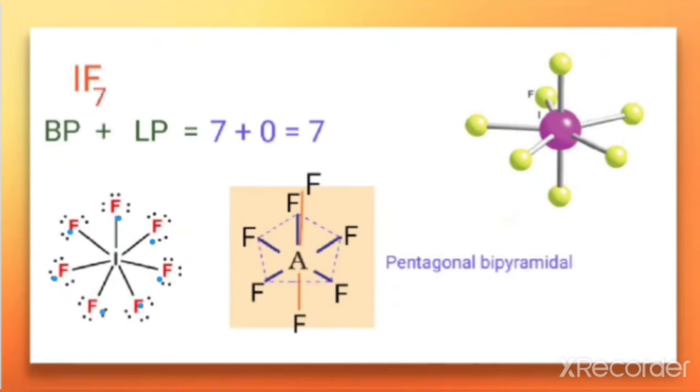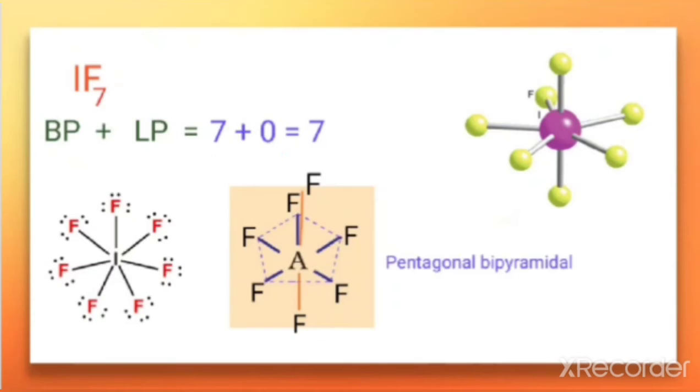So it makes 7 bond pairs. Count the number of bonds surrounding the iodine, that is 7. There is no lone pair with iodine. So the number of bond pairs is 7, lone pairs is 0.